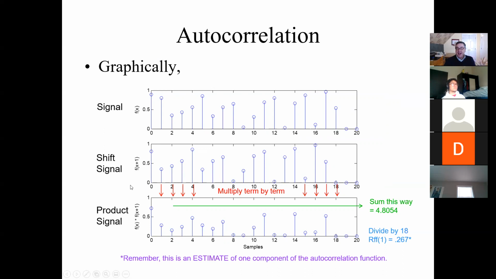If I shift it by 5, I'm getting fewer examples of legitimate pairs. So just as when you have fewer examples for computing a mean, it's less accurate, as I get to more and more lags, my estimate is less accurate because I have fewer examples to work with.